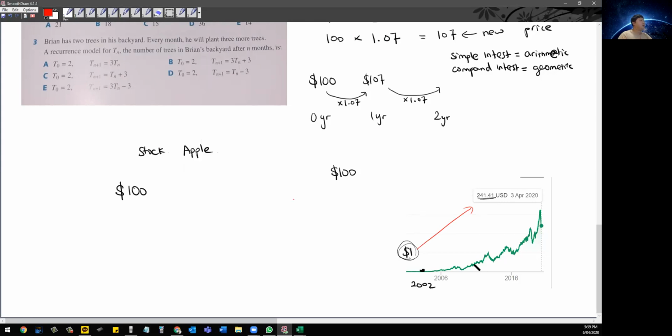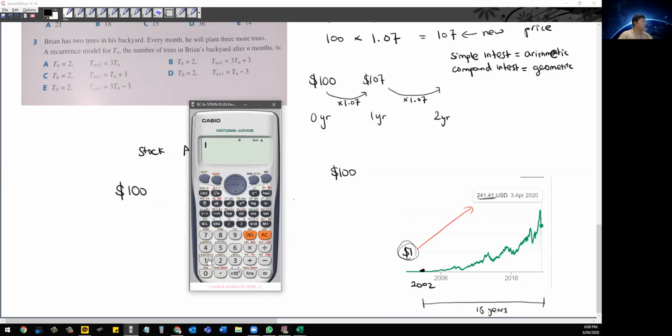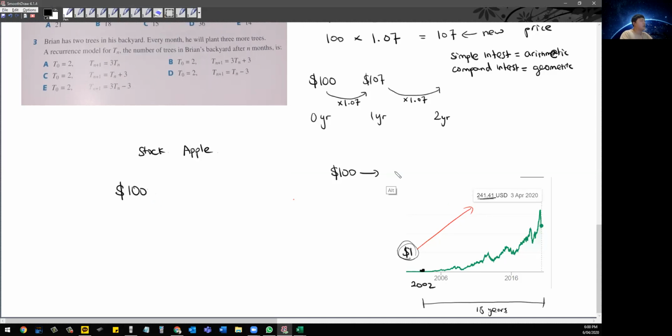Now that's over how many years? Over 18 years, right? So if you invest $100, that becomes $24,000.